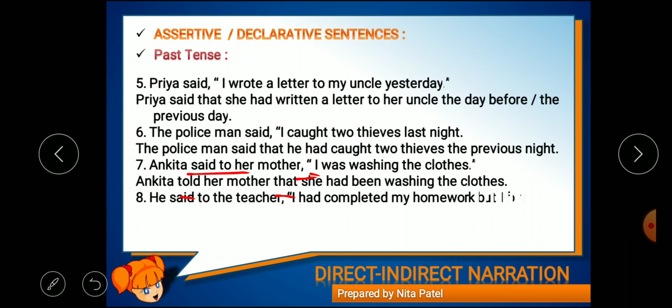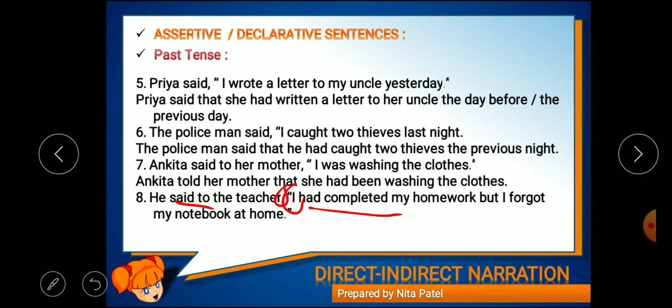Okay, the next example. He said to the teacher, I had completed my homework, but I forgot my notebook at home. So he told the teacher that, I will convert according to the subject, he had completed. Which tense is used here? Yes, past perfect.